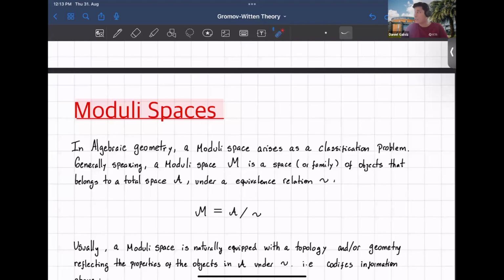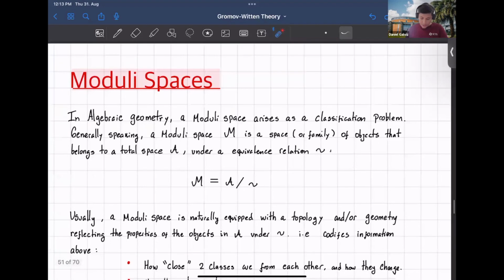Remember, you consider the genus, you consider the marked points, and then you mod out by an equivalence relation. And this equivalence relation in our case will be the finite automorphisms.